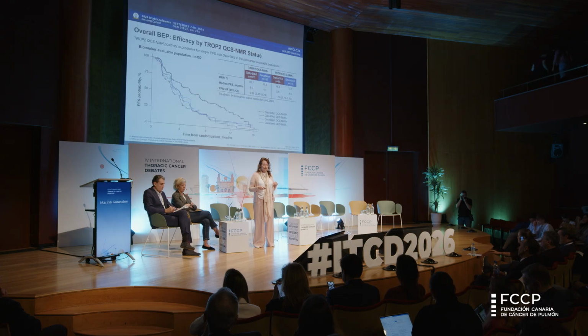There are also clearly some data. This is the retrospective analysis for which we think that this can become the biomarker. And as you can see, those patients who are Trop positive perform better compared to those who are Trop negative.